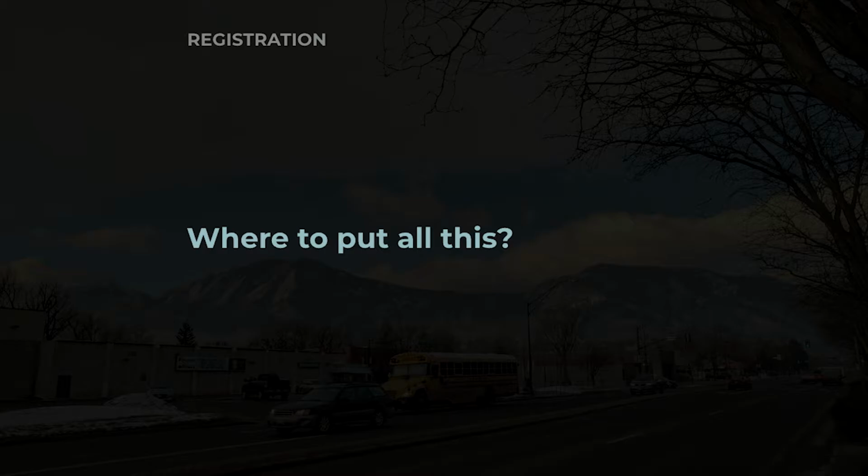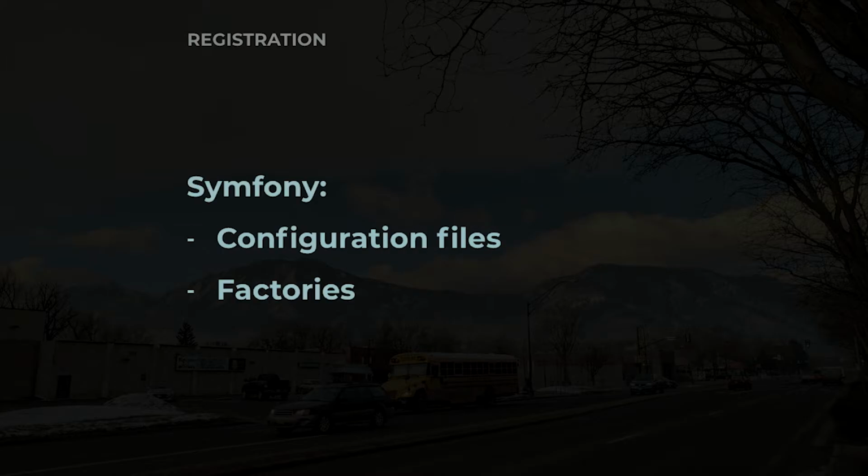So we've seen all of this stuff, like aliasing or method injection. Where do we put all this code? Is it in a big bootstrap.php file? Nah. In the Symfony framework at least, we can use configuration files or we can use factories. I think there are more methods than this, but I would prefer one of these, just to put all of this configuration in a different file, to separate it and keep it organized, right?